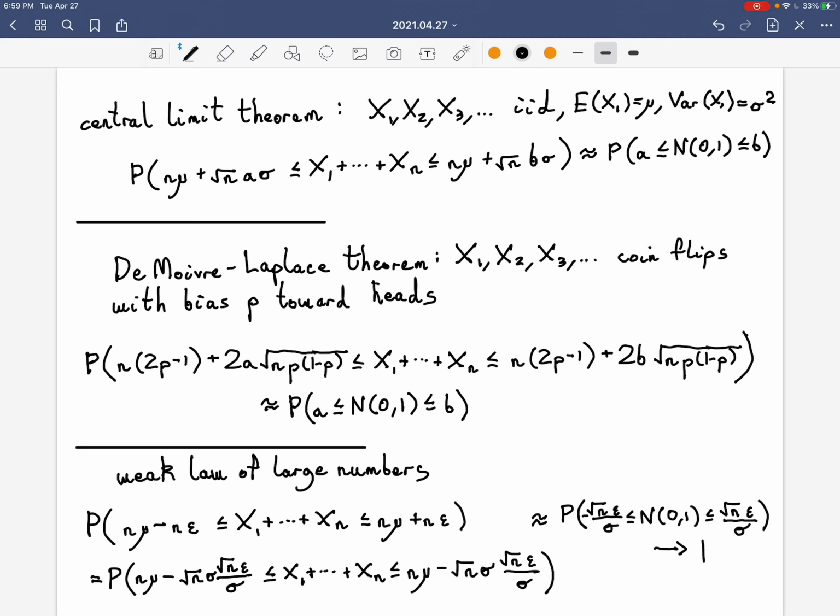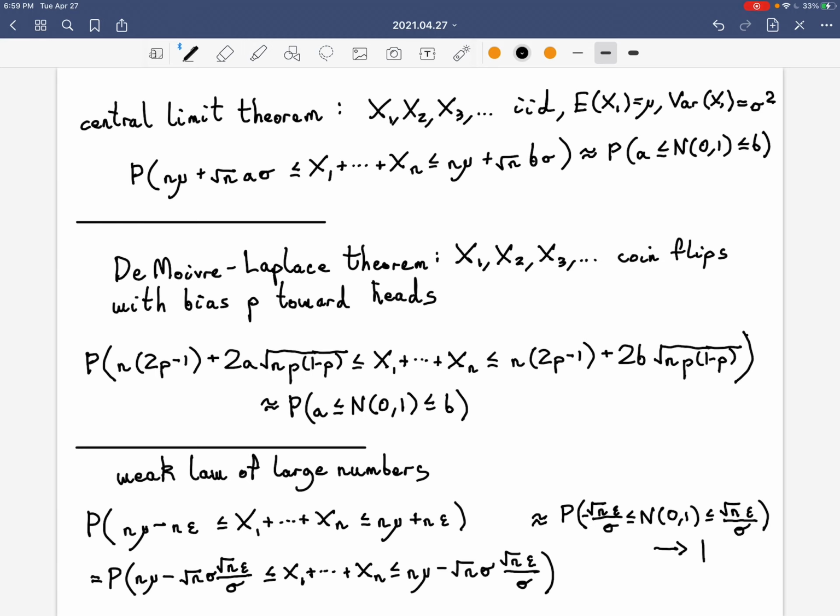So because you need to put this square root n in the bounds of the interval to shift from a linear error to a square root n error, that ends up telling you that the probability of having this linear error is the probability that the standard normal is within an interval that has width square root n.